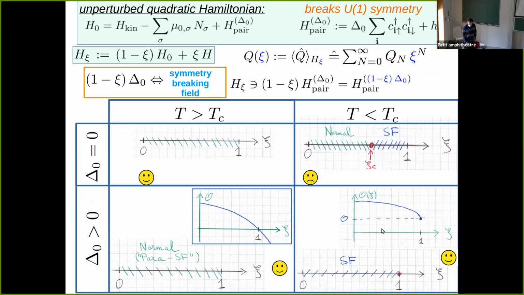So we are below Tc. And now, with this delta 0 non-zero, we remove this singularity. Because now we are in the superfluid phase everywhere for all values of psi between 0 and 1. The order parameter as a function of psi will look like this. And it will have a non-zero limit at the physical point here, which corresponds to a vanishing symmetry breaking field.